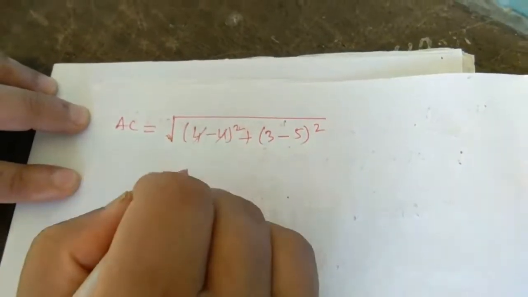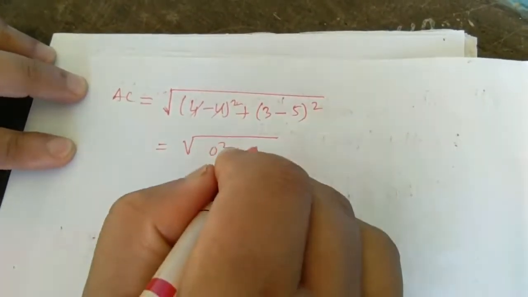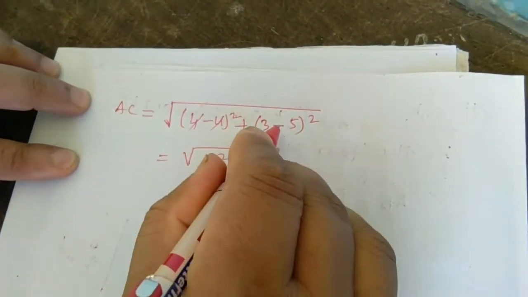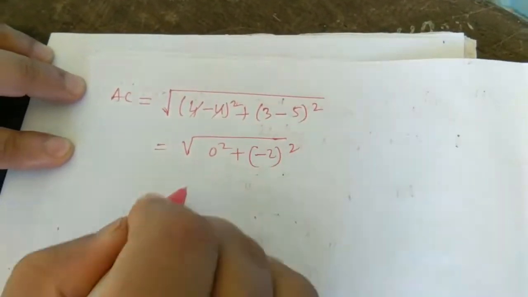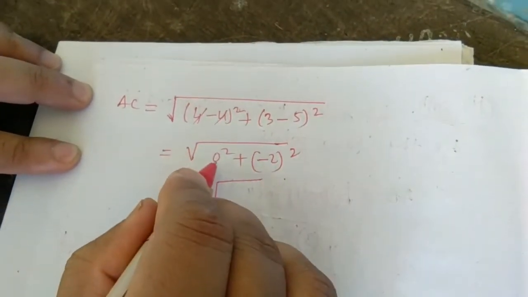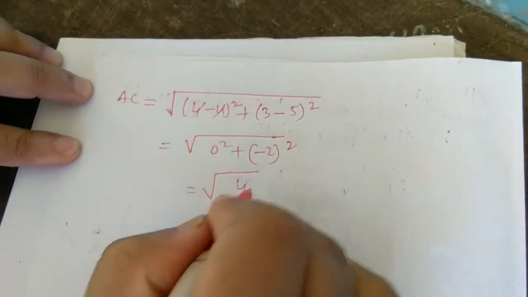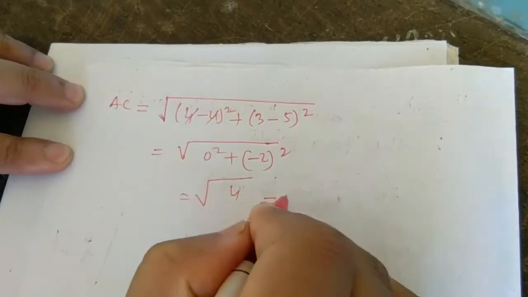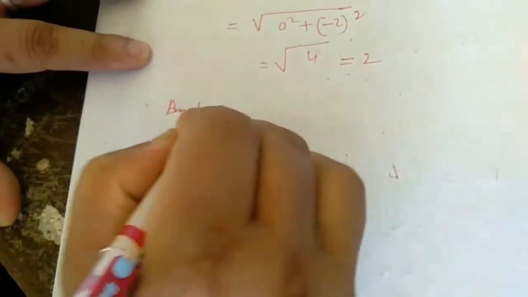Negative 4, positive 4 cancel, so 0 square remains. 3 minus 5 is negative 2. 0 is meaningless, we don't write 0. 2 to the power 4, even power, so plus. We can keep it like this, or you can find the square root like this. So root 4 is 2.